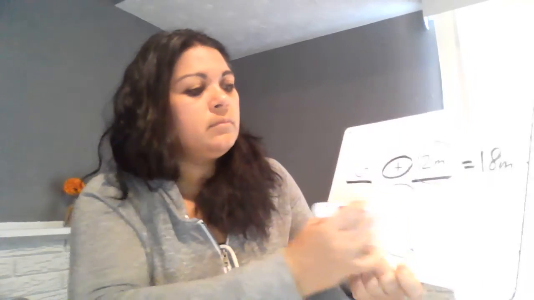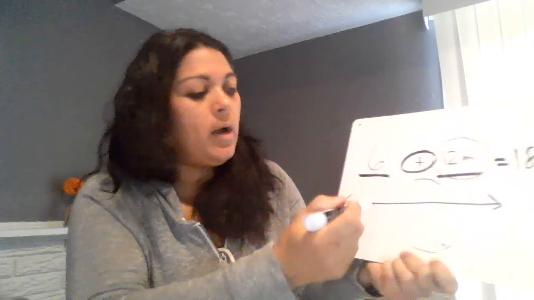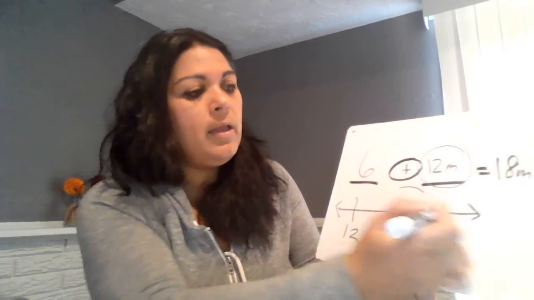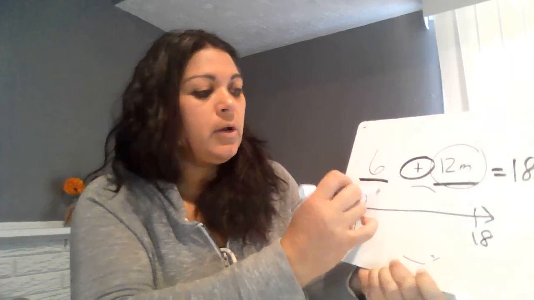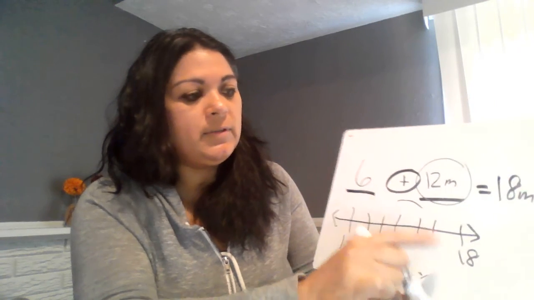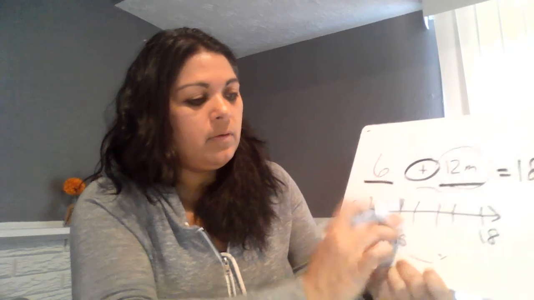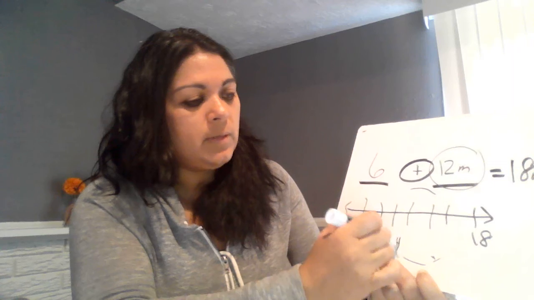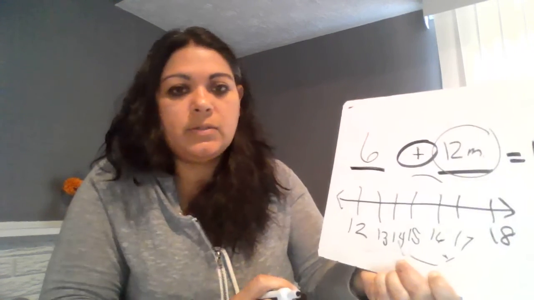If I were to do it on the number line, because I was given 12, I would start at 12, and I know our sum is 18. So 12, 13, 14, 15, 16, 17, 18. And I'm going to go ahead and fill those numbers in. Okay, there's my number line.